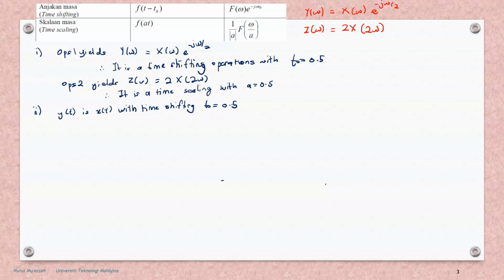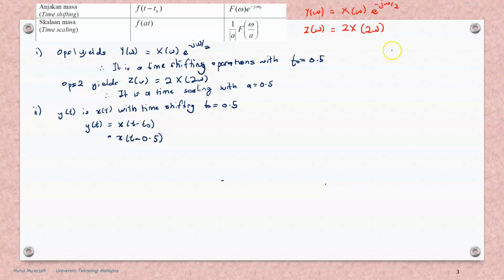So in terms of x(t), y(t) is equal to x(t minus t0), which is equal to x(t minus 0.5). From here we can draw y(t).